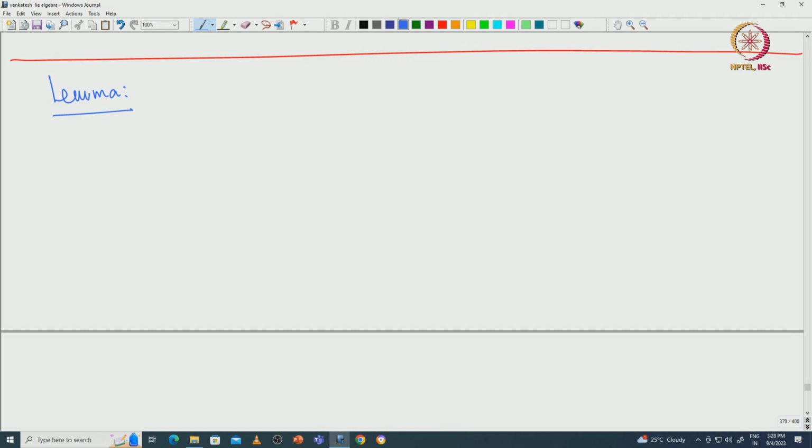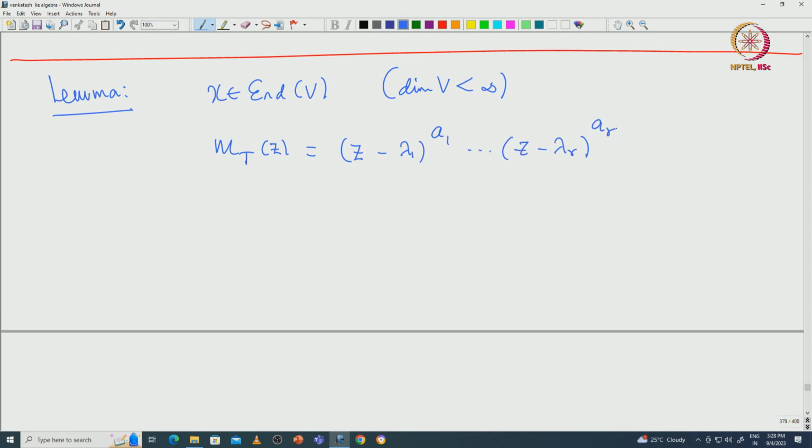If we have this operator, let us call it x again, acting on this finite dimensional vector space, and we write the minimal polynomial of this x as (z minus lambda 1) power a 1 etc., maybe I will use different notation, let me call it z, (z minus lambda 1) power a 1 etc., (z minus lambda r) power a r.